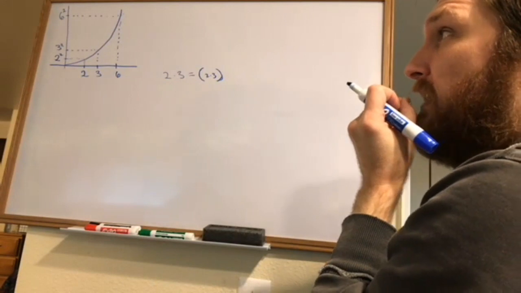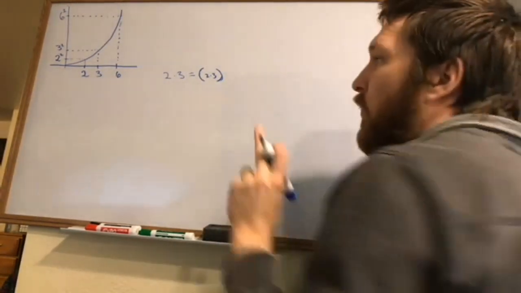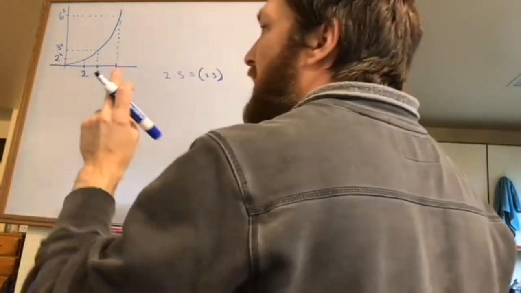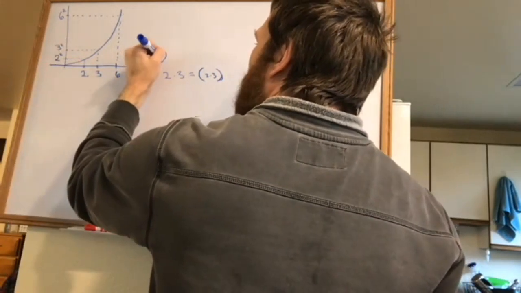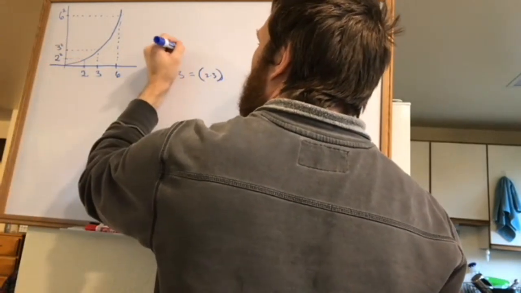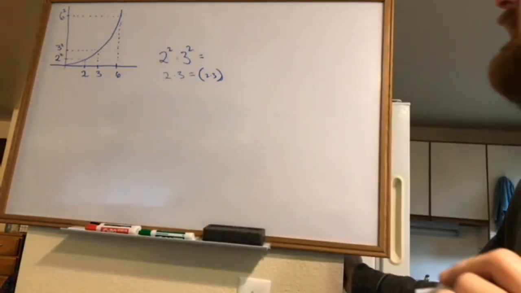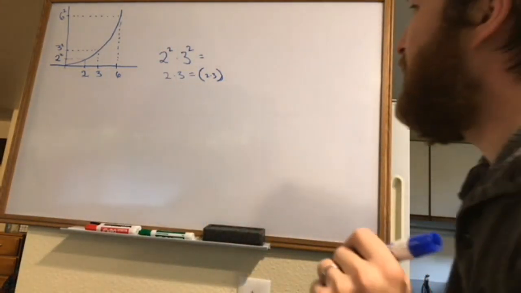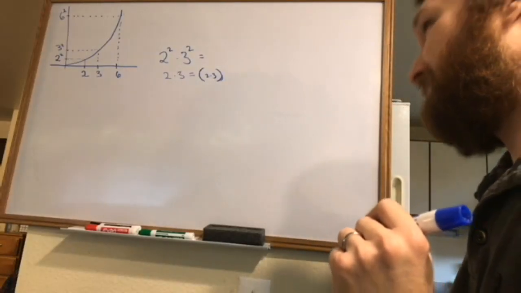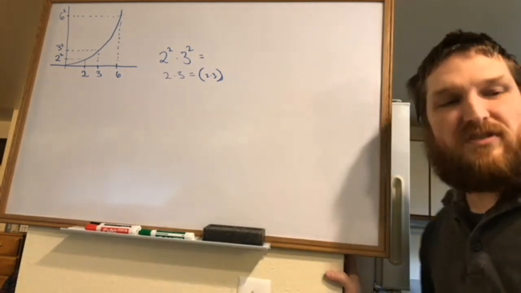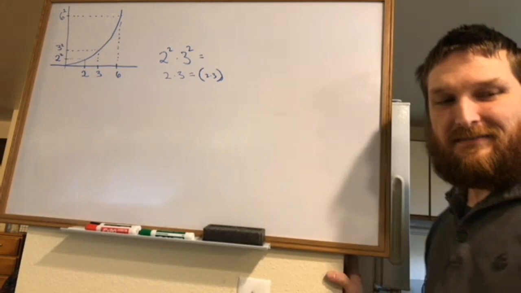Okay, here's another cool thing. What happens when I take this number times this number? What's 2 squared times 3 squared? 6 squared.